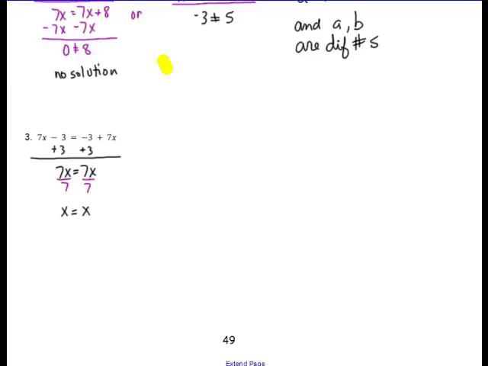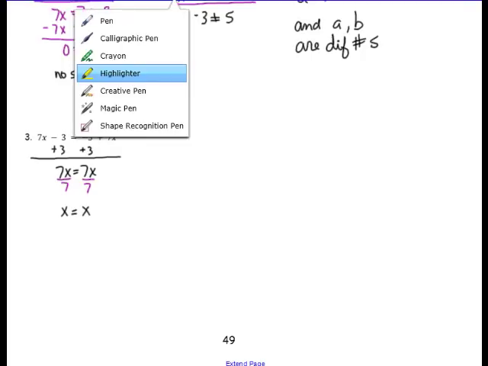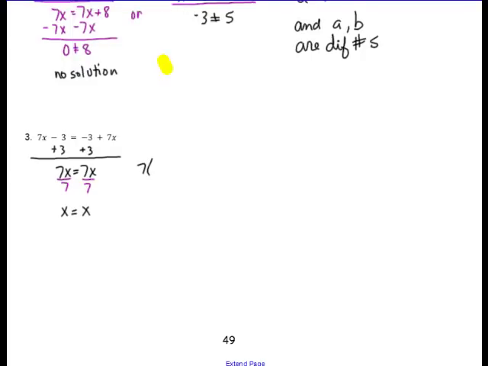Is negative 3 equal to negative 3? Yes, it is always true. If 7x equals 7x, will we always have an equality, no matter what we choose for x? Yes, we will. Because if you multiplied by 1, you would get the same answer.